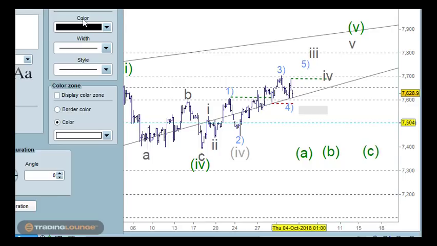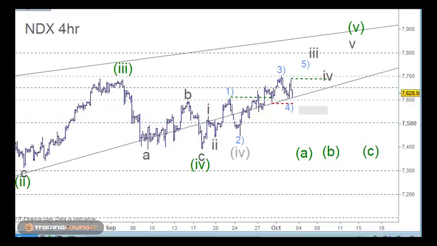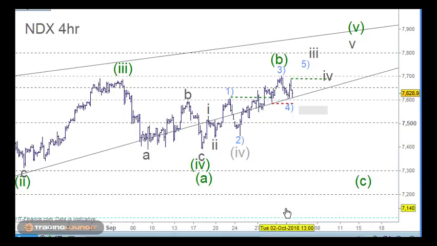So this here can be the A wave, a B wave here, and then a C wave down here. I don't think it's the case, but it's possible. Even so, I don't have enough evidence for that, and we can't really trade to that point.